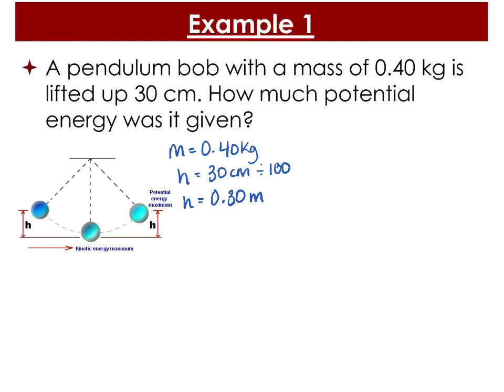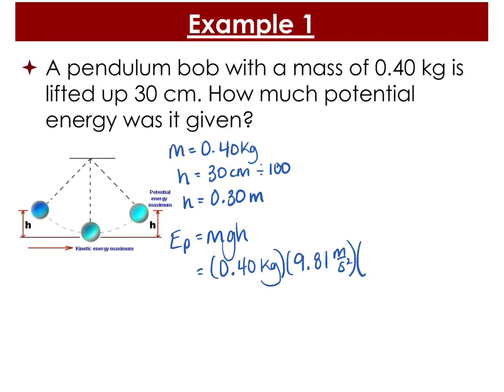Okay, so I just want to know how much potential energy it was given. Remember, gravitational potential energy is equal to mgh, mass times g times the height, and g is just a constant. Nice and easy. Mass is 0.4 kilograms, g is always 9.81 meters per second squared, and h is 0.30 meters.